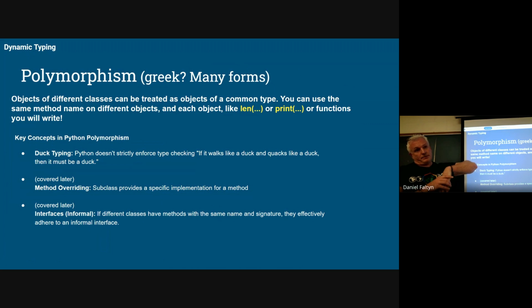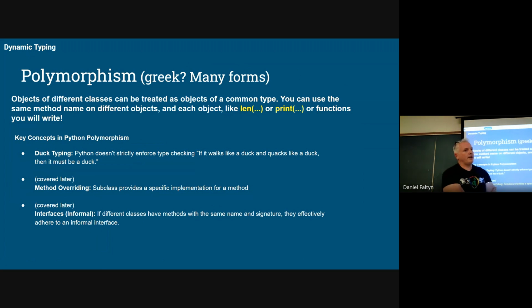Very big word. People who have been in Java land or even JavaScript land or C++ land, there's this concept called polymorphism. I think it's Greek, and it means many forms. And just like with length, where I could pass in any sort of objects, polymorphism is this concept where we say, without knowing what something is, I can perform an operation on it.